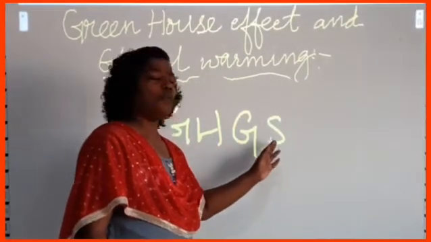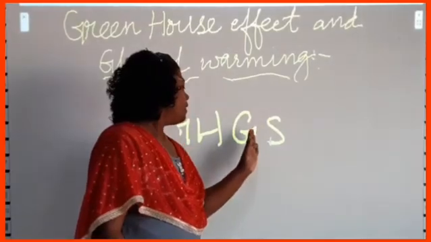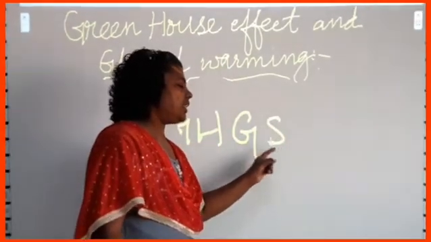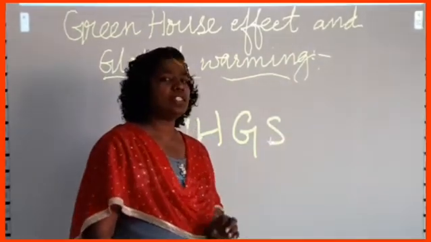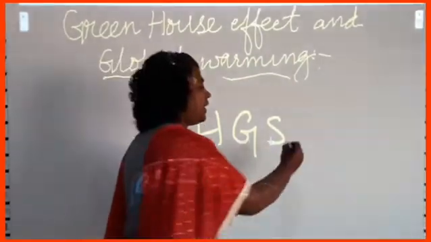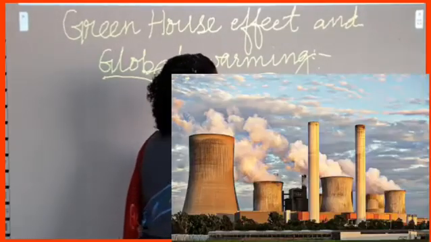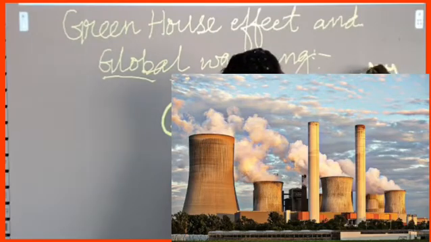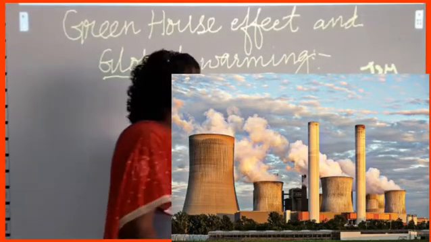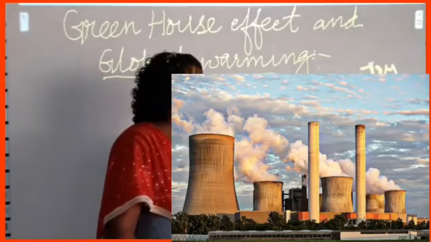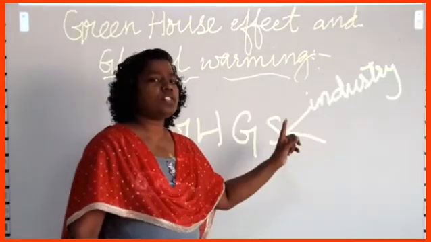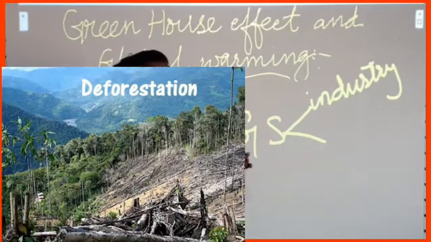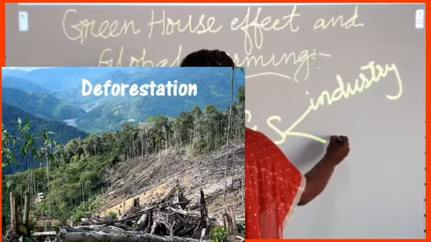What are the reasons for the increase of the greenhouse gases? The first reason is the increase of industries. The second reason is the increase of deforestation. Because of deforestation, the greenhouse gases also increase.